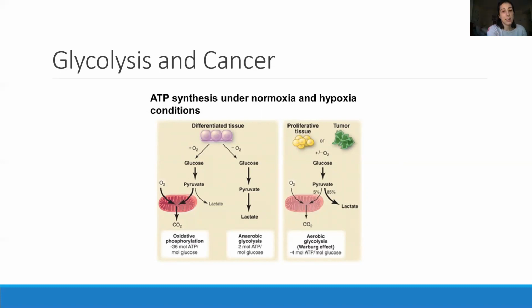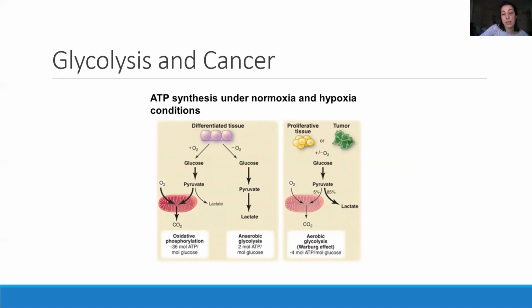So you can see here is ATP synthesis in conditions of what we call normoxia. This is normal oxygen conditions versus hypoxia, where we have abnormal or low oxygen conditions.